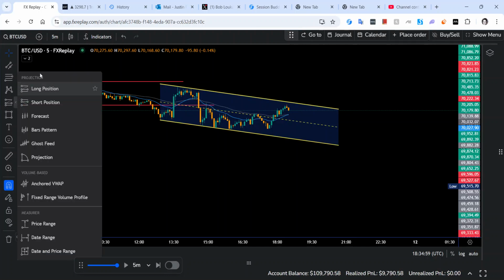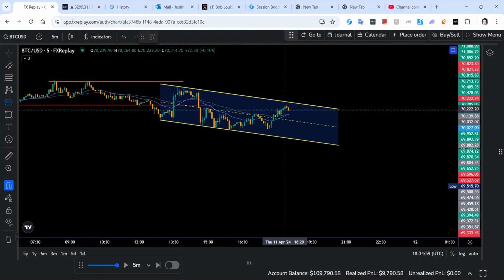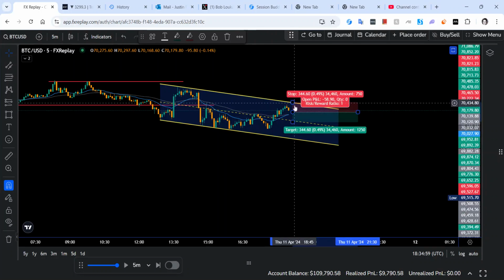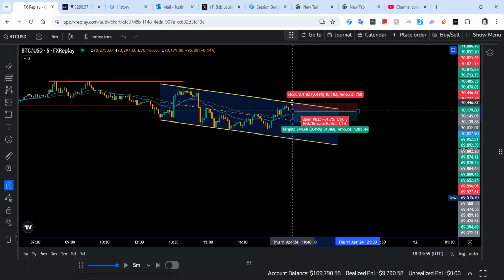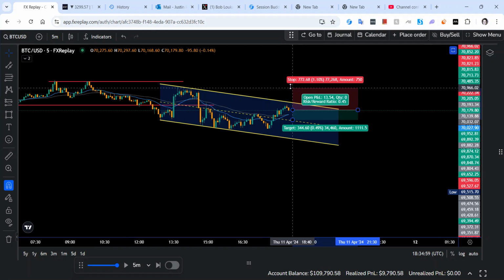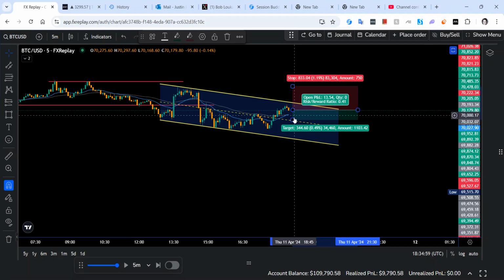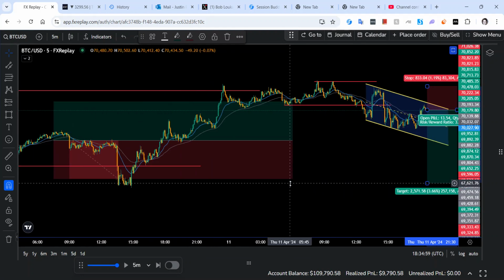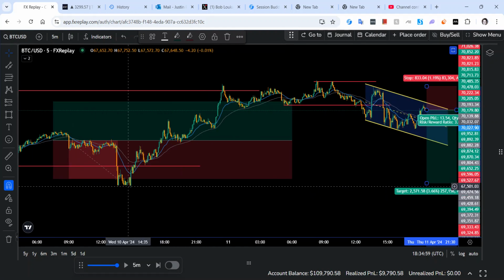Okay, top of the channel, let's try and short it. Let's see whether this plays out. We're going to target this liquidity down here.